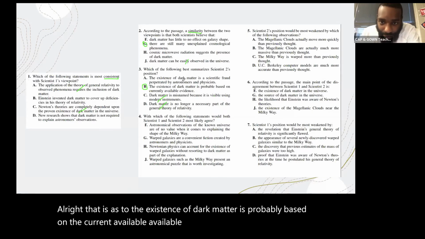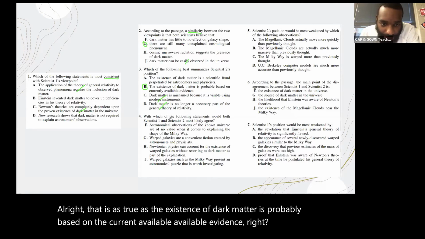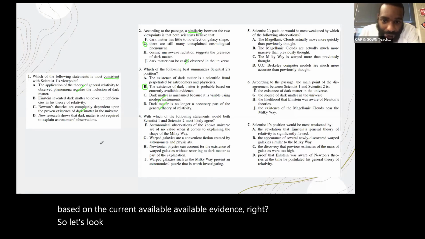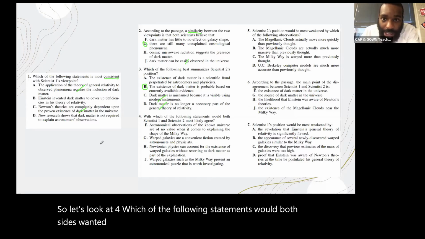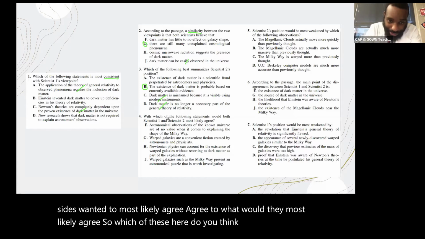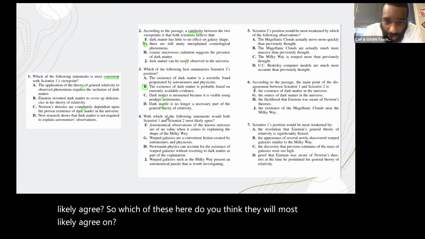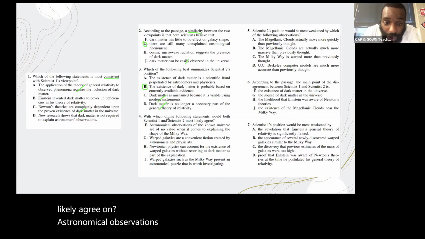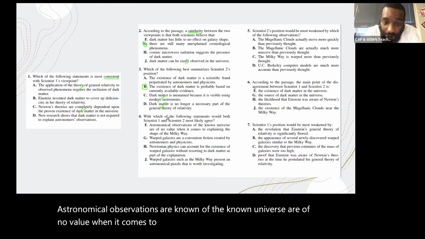All right, so let's look at number 4. Which of the following statements would both scientists 1 and 2 most likely agree on? So which of these do you think they will most likely agree on? A, astronomical observations of the known universe are of no value when it comes to explaining the shape of the Milky Way.